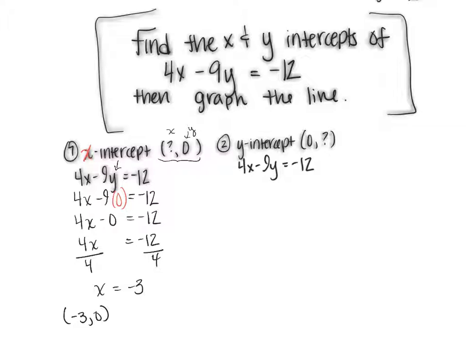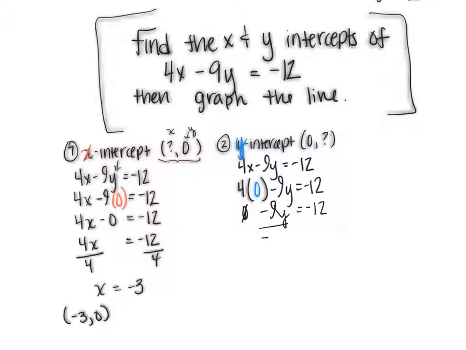To find my y-intercept, well, it intersects the y-axis when my x is 0. So for my y-intercept, I'm going to plug 0 in for my x. It's kind of the opposite of what you'd expect. And solve for y. Well, 4 times 0 is simply 0. So I have 0 minus 9y equals -12.